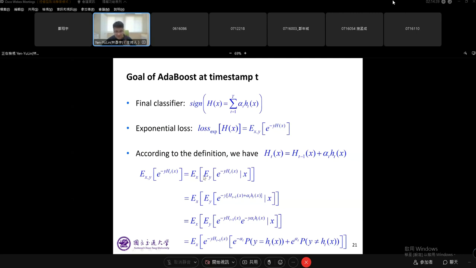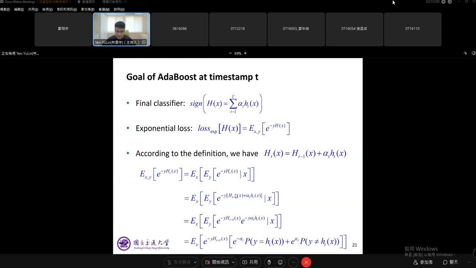Inside the first parenthesis, we consider one particular training data point x. From this equation to this one, we just substitute this equation into this one.